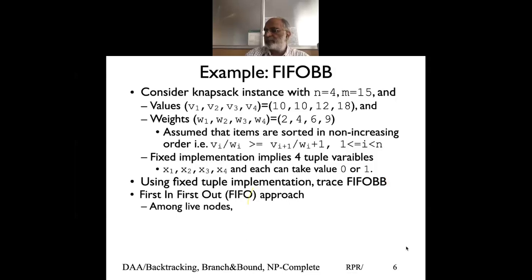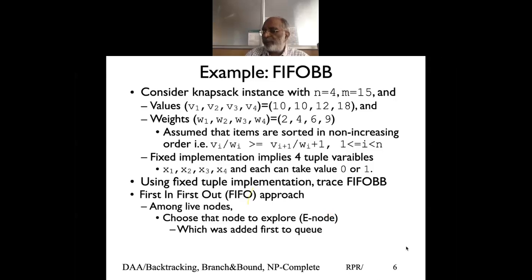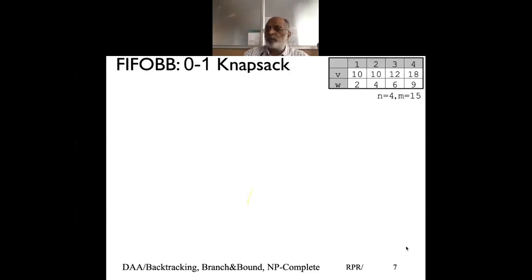First in, first out means among the live nodes, we explore the node and then add to the queue, and we pick the node which was first added to the queue. We won't pick the least cost, but when you explore the entire tree, you will still get the same solution as with least cost. The benefit of FIFO is that picking the min cost item can be done in order one time, whereas for least cost, this would require a min heap.